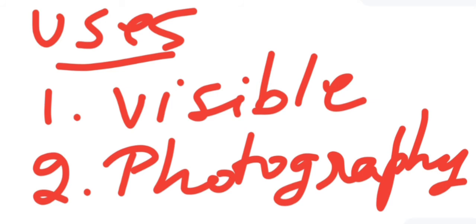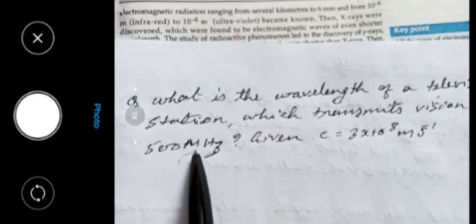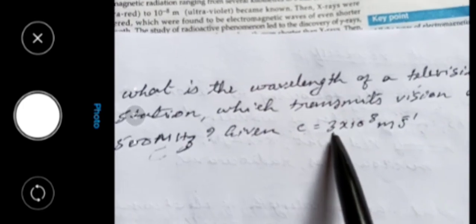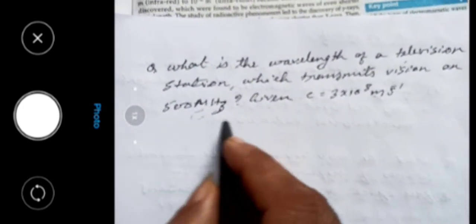So let me give another problem. A question can come like this: what is the wavelength of a television station which transmits vision on 500 megahertz, given C equal to 3 into 10 to the power 8 meter per second? Okay, so let me work it out.